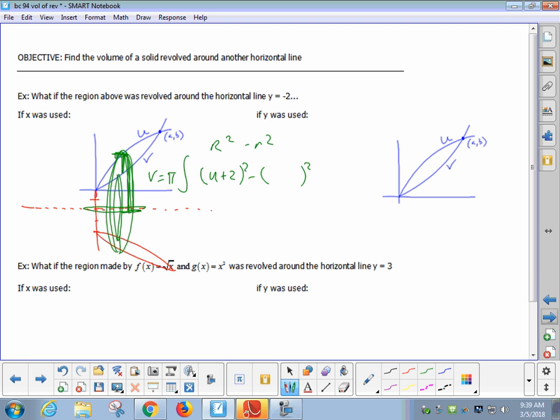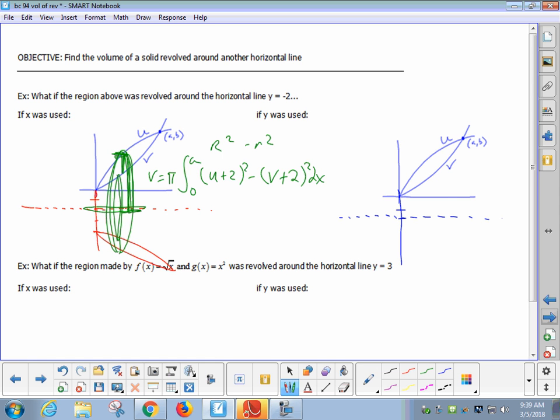What about the inner radius? V minus negative, so plus 2. With respect to x, and the limits are still 0 to A. Okay? Now then, that should be the same as if I used y as a variable, but the approach should be different.